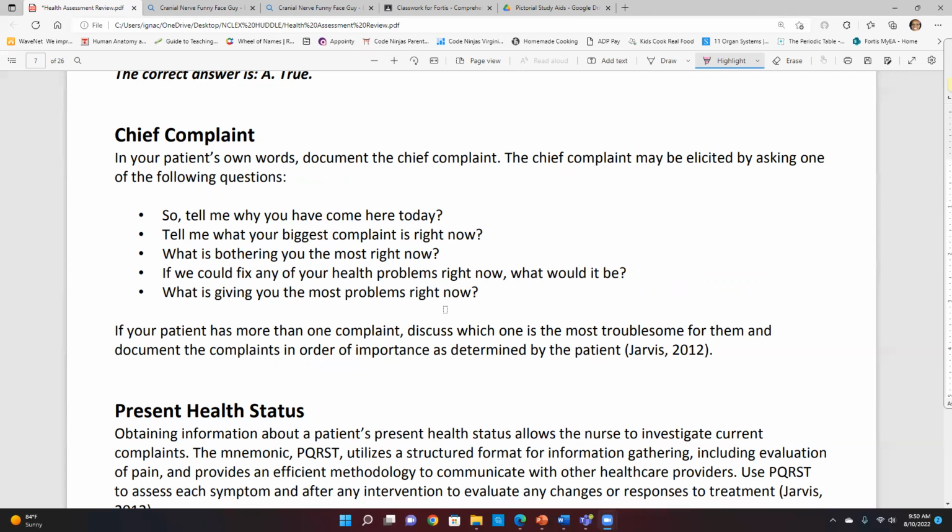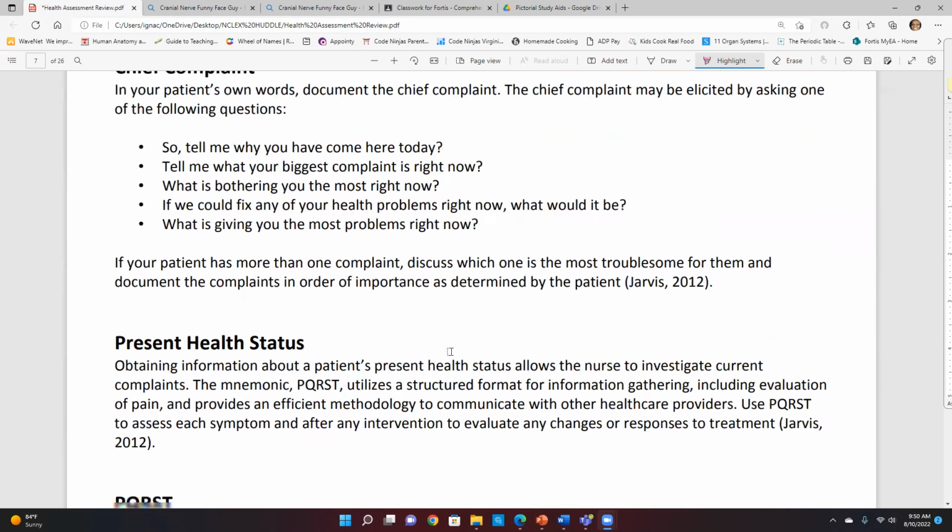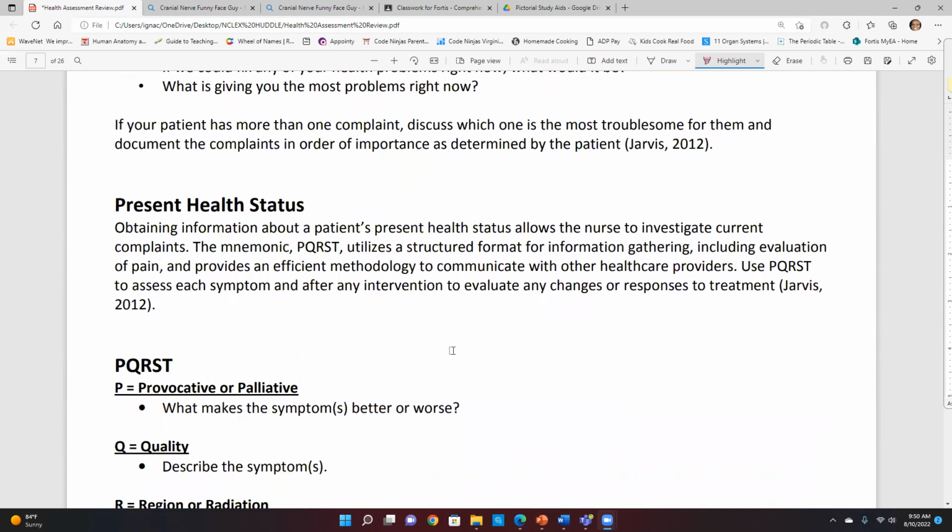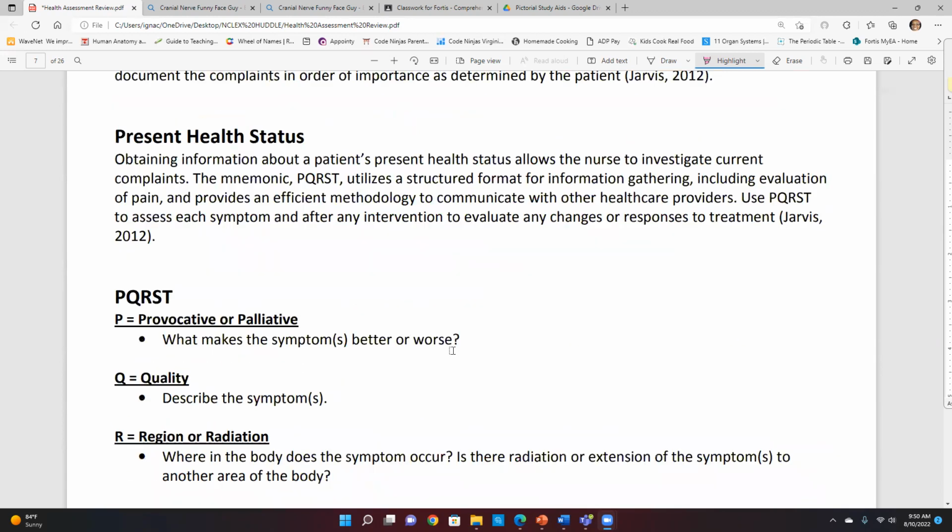You want to really show them that you are concerned. Okay, so here's some of the questions that you may have asked, right? And so it's listed here. So if the patient has a number of complaints, you want to prioritize. What is the one that is bothering them the most? Okay. Now, when we talk about the present health status, one of the things that we're going to do is assess for pain.